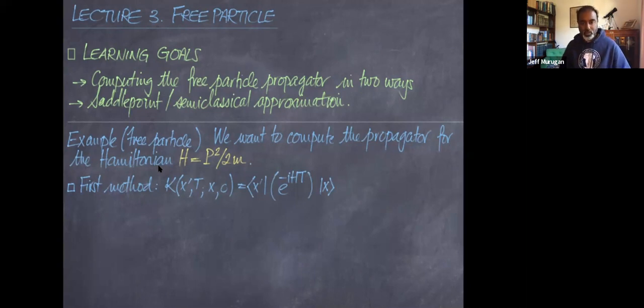Okay, so this is the object we want to compute. But we know already what the Hamiltonian is. So let's insert this Hamiltonian and then go through the standard procedure for what to do once you stick that in.